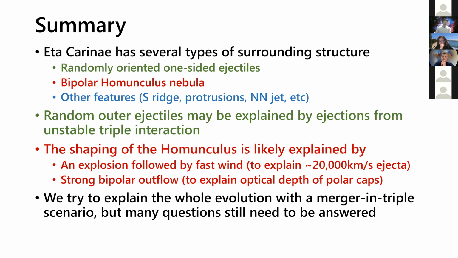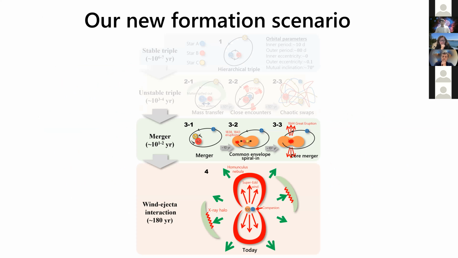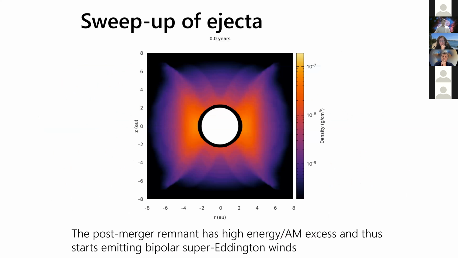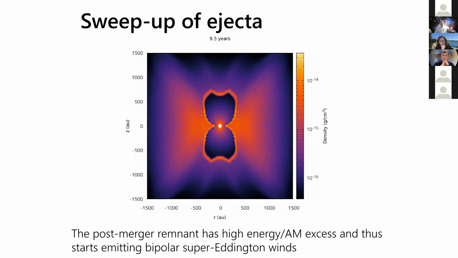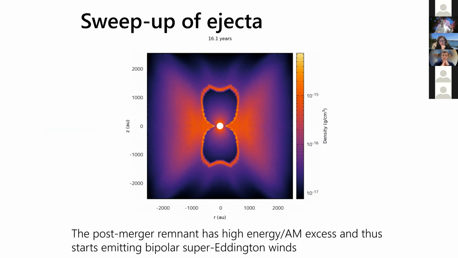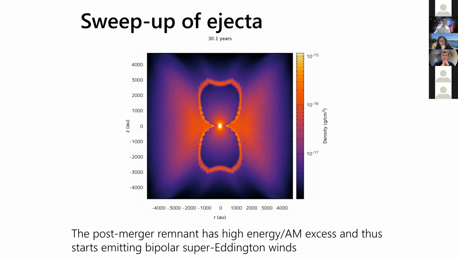For example, in our model, because we had an equatorial outflow followed by a bipolar outflow, we still have this huge amount of material outside the homunculus.